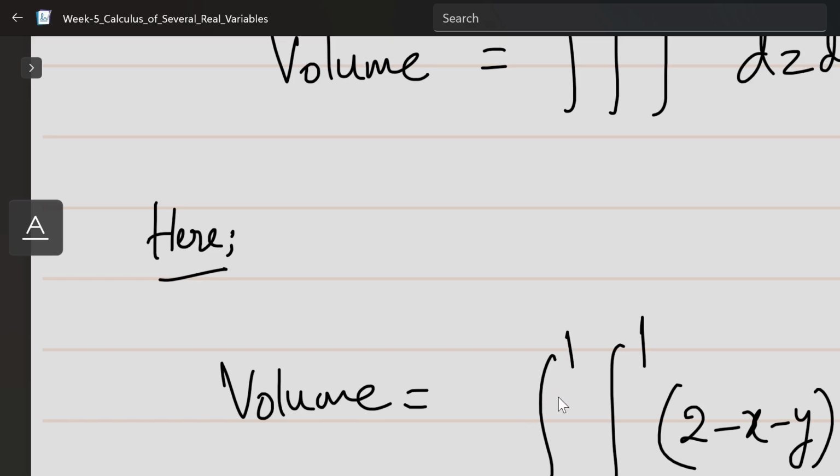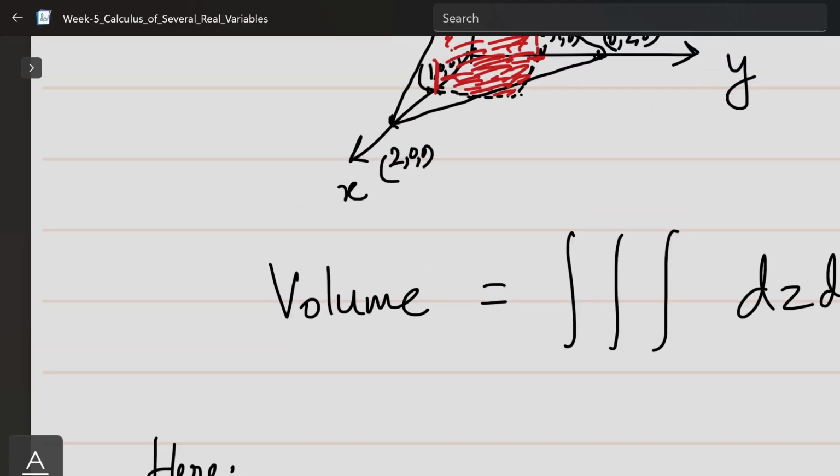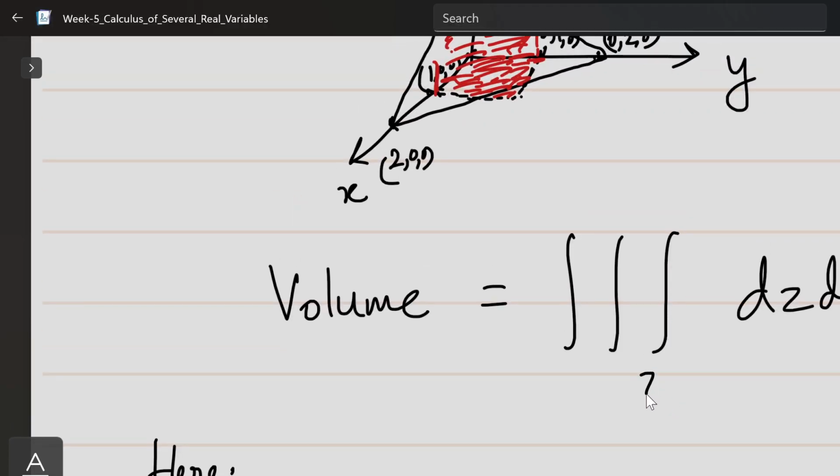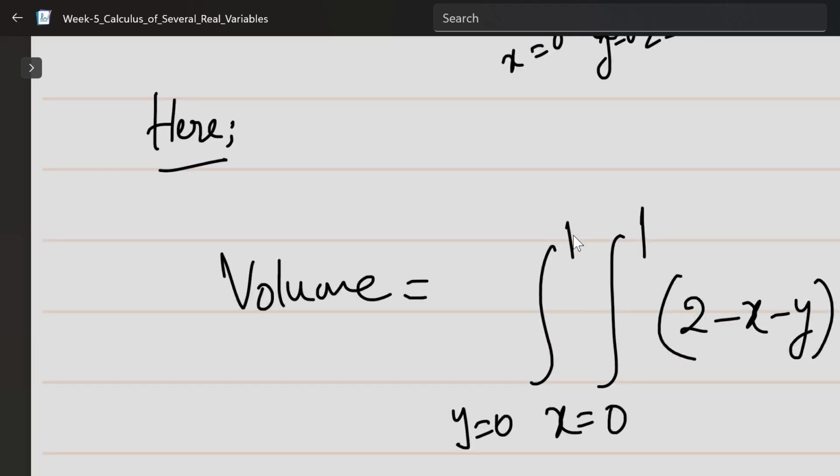This is the volume, right? Because z varies from 0 to 2 minus x minus y, y is varying from 0 to 1 and x is varying from 0 to 1. I can swap x and y because it's a square region, so it's fine.